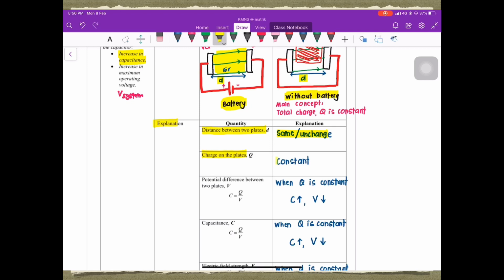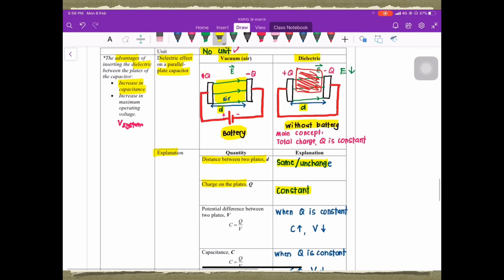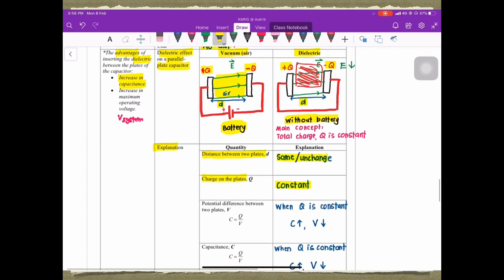The charge is constant, meaning the same charge accumulates on the plates.